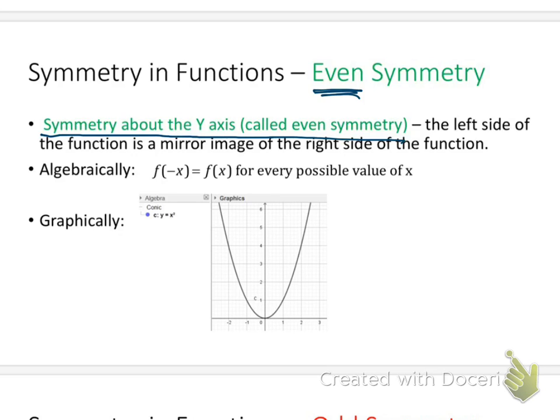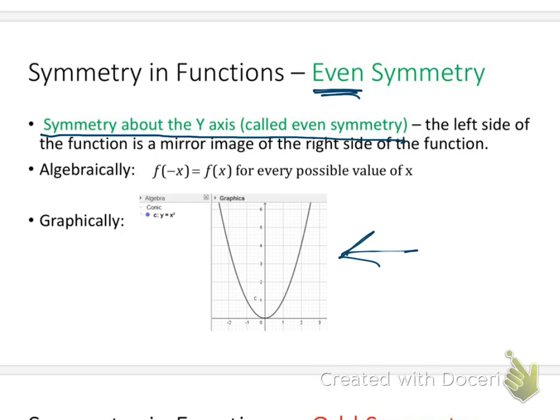So that means the left side of the function is a mirror image of the right side of the function. This is similar to, say, in the human, your spine. We demonstrate even symmetry. So the right side of your body is a mirror image of the left side.